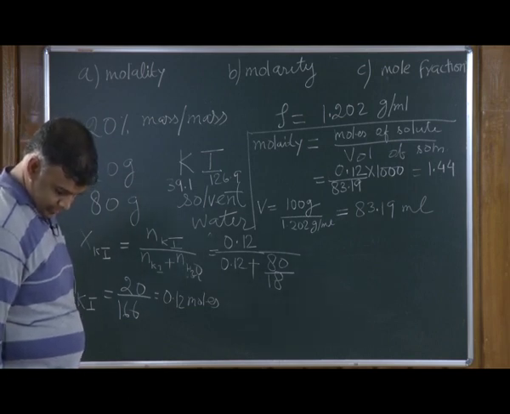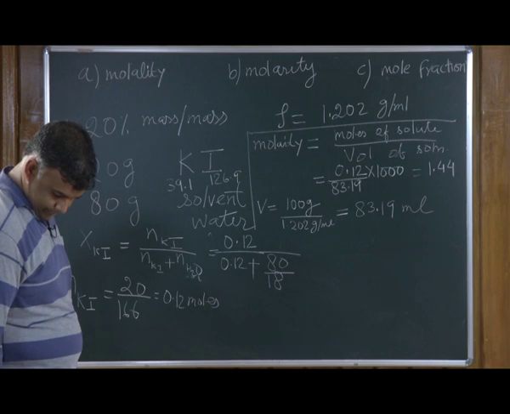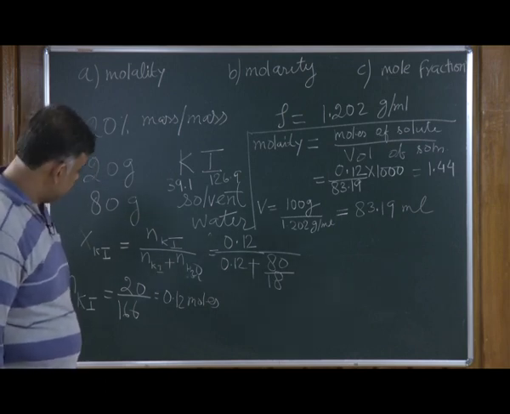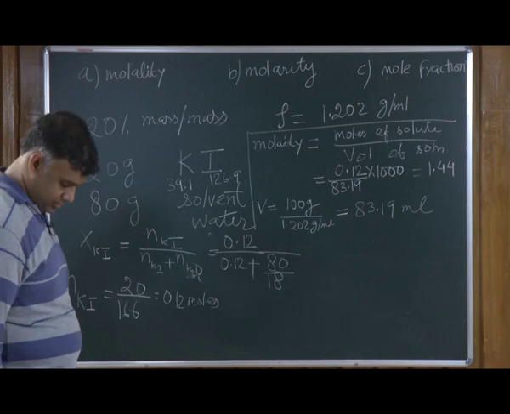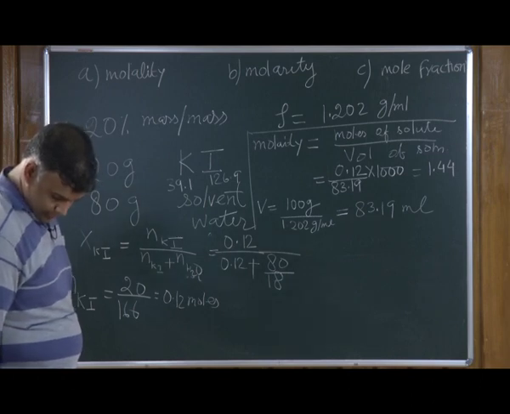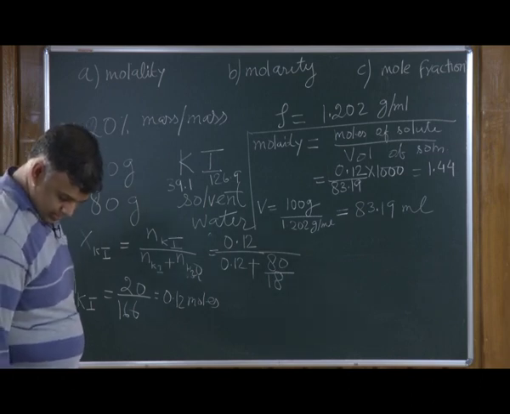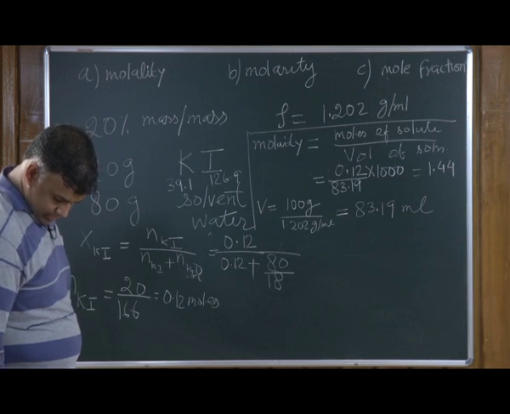So, first let's calculate that: 0.12 divided by bracket 0.12 plus 80 divided by 18 bracket close.